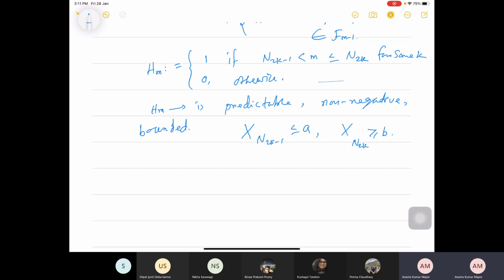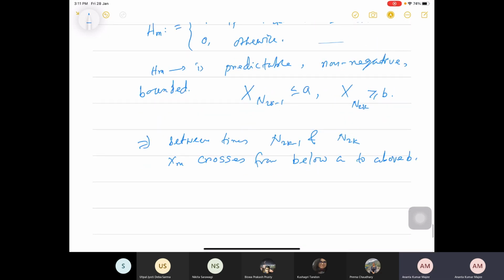So this implies between times n of 2k minus 1 and n of 2k, my x of m crosses from below a to above b.